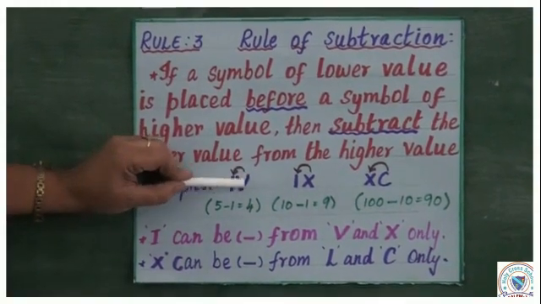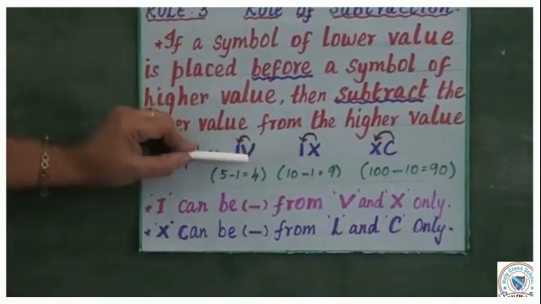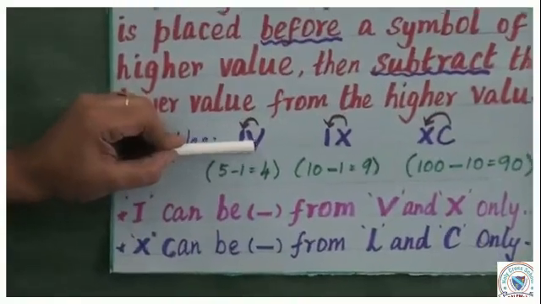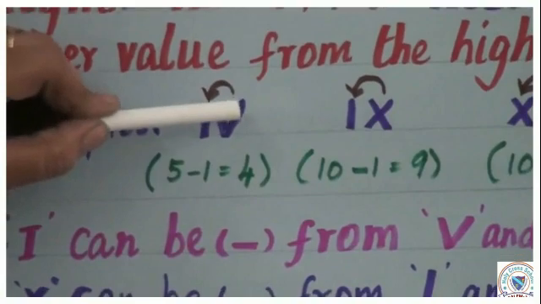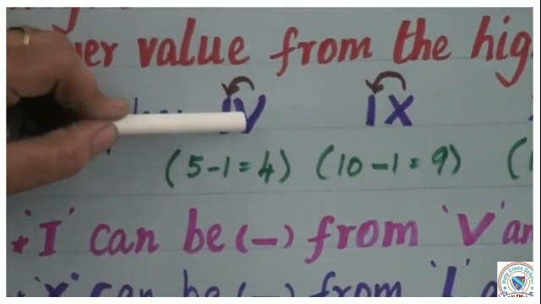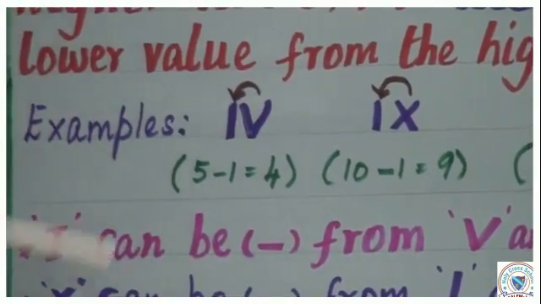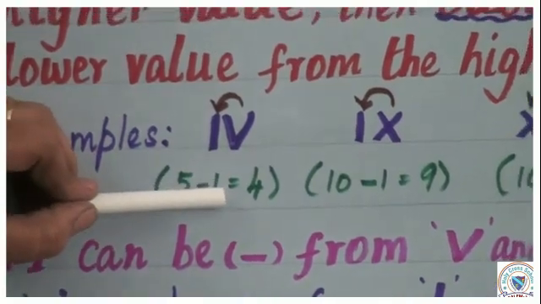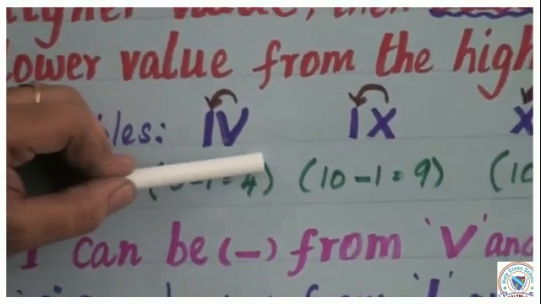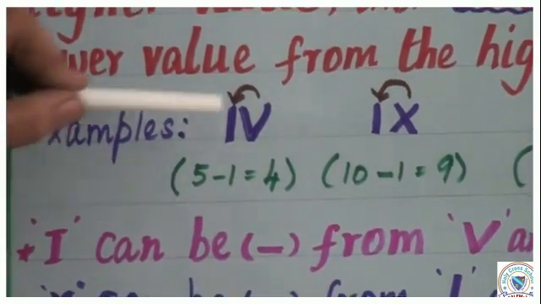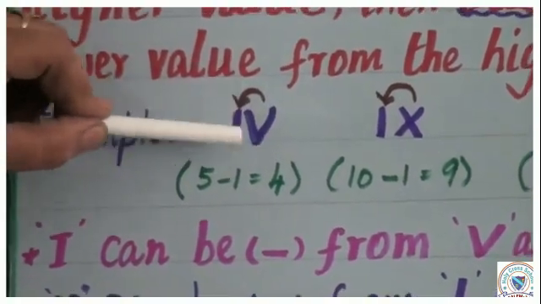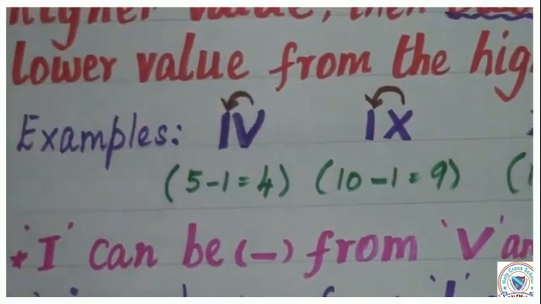See here V is the symbol of higher value. Now I have put I before V. So it becomes subtraction, minus here. That is 5 minus 1 is equal to 4. Now you all are in grade 4. You know how this Roman number 4 comes for your grade.